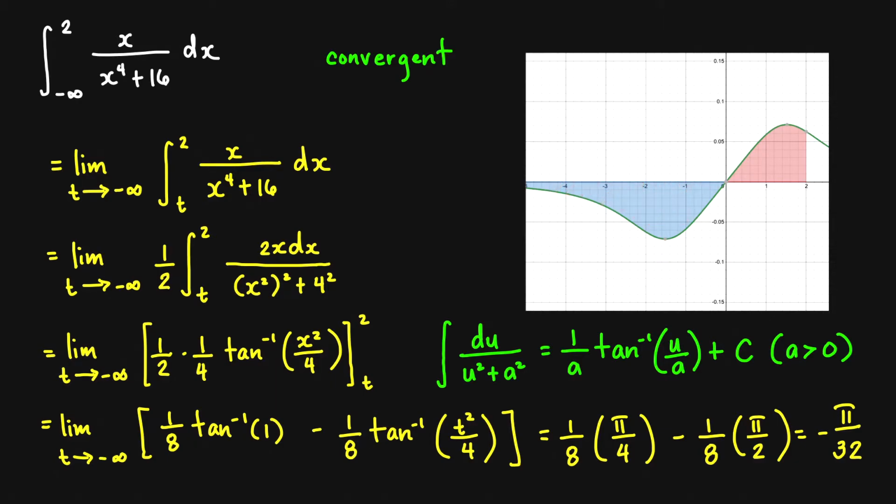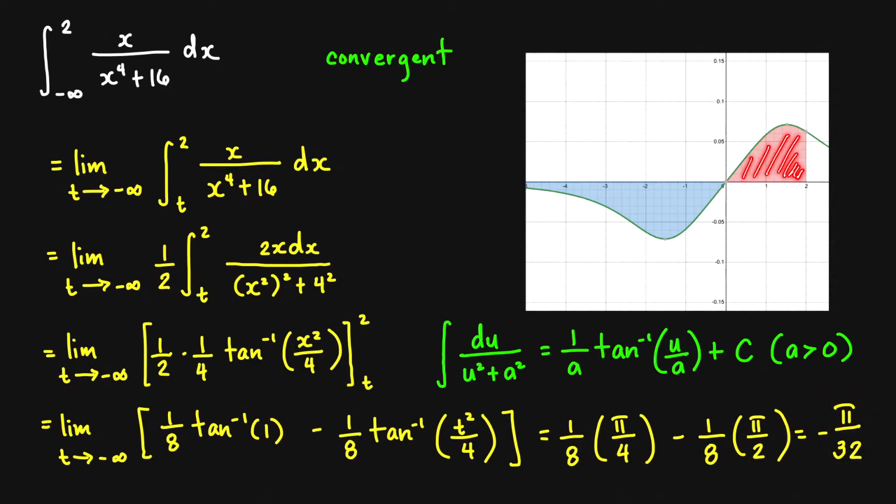We can interpret this value the same as for definite integrals. This negative value means that this blue region has a greater area than this pink region. So the area of this blue region is pi over 32 more than the area of this pink region.